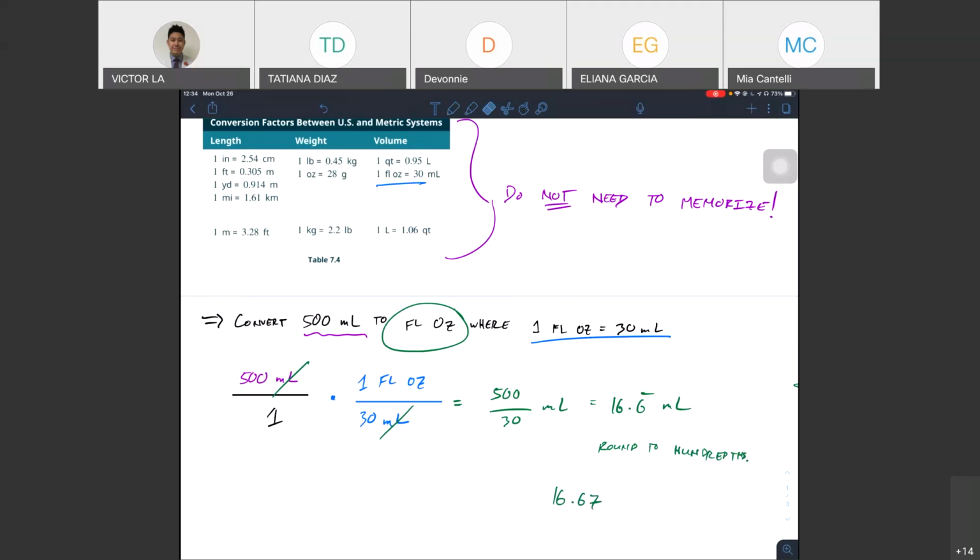Oh wait, there's a typo here. It's not milliliters. That's what we cancel. It should be fluid ounces. Glad everyone was paying attention. Yeah, it should be fluid ounces.